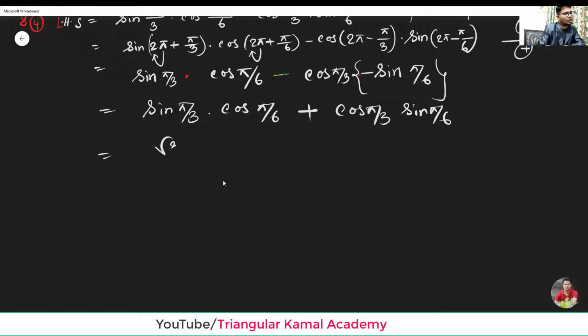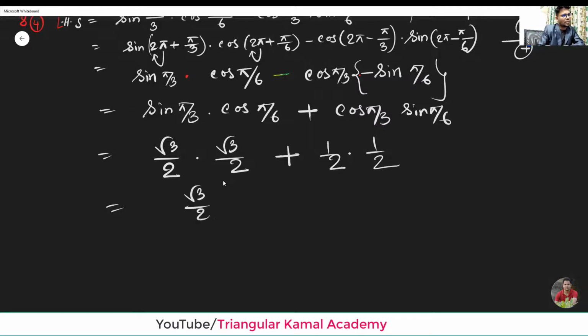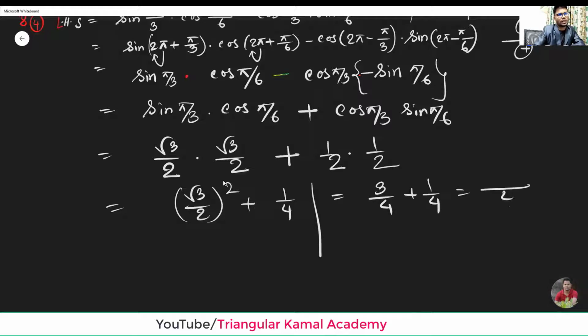Cos 60 degree, root 3 divided by 2, cos 60 degree, sine 30 degree, root 3 divided by 2, plus cos 60 degree half, sine 30 degree half. There will be root 3 divided by 2 whole square plus 1 by 4, so 3 divided by 4 plus 1 by 4, taking LCM 4, 3 plus 1 equals 4 by 4, which is 1.